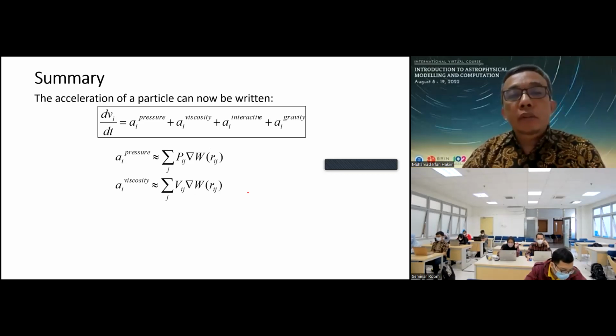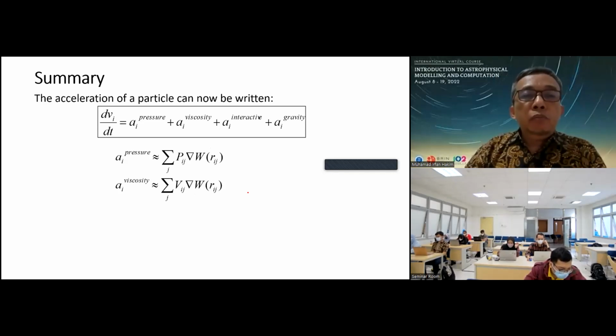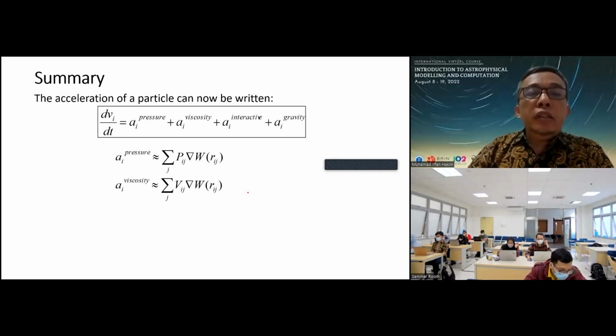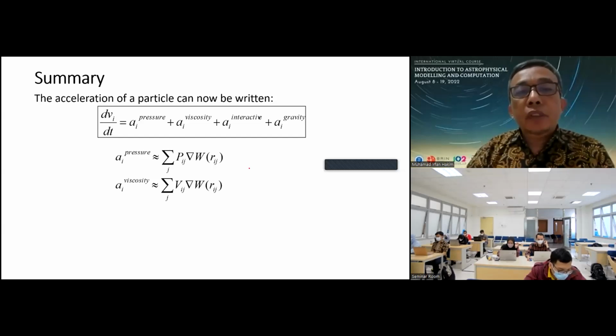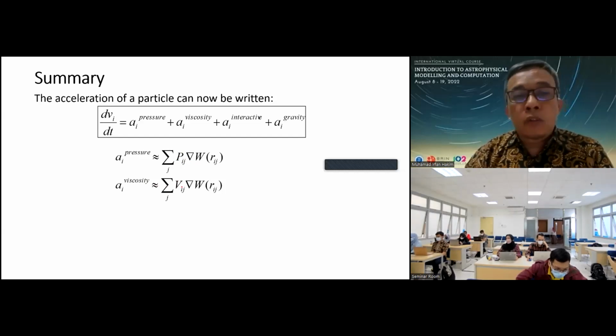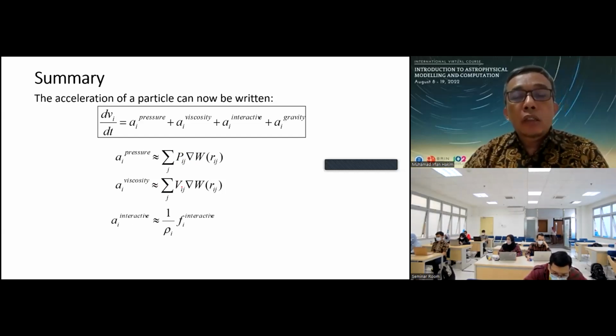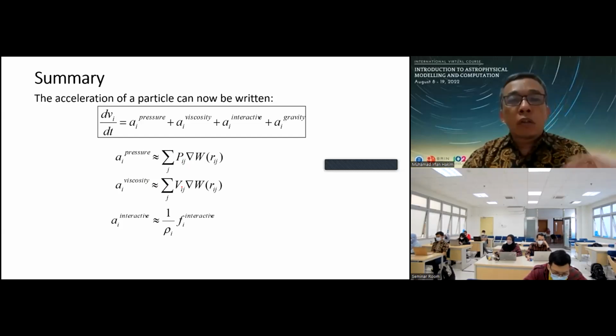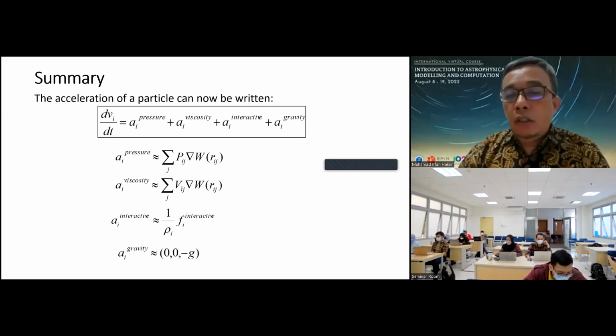We have shown that for pressure components, the acceleration is approximated by a p value here, big P here, or big V here for viscosity, and so on for another force.